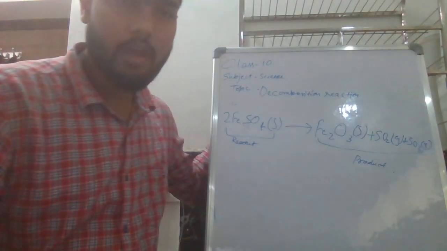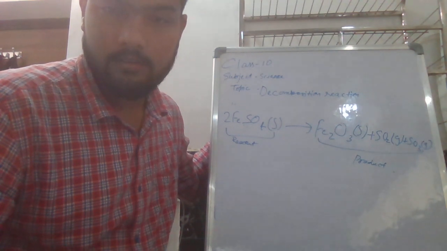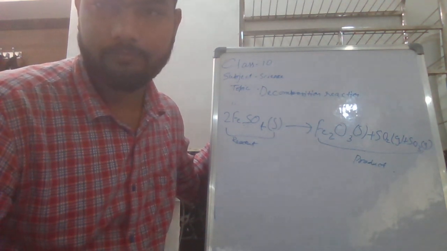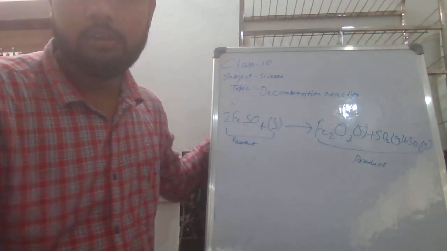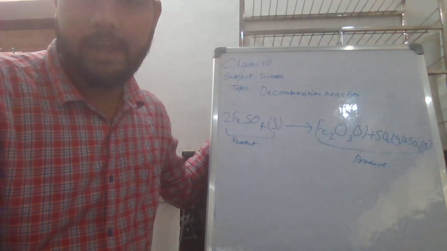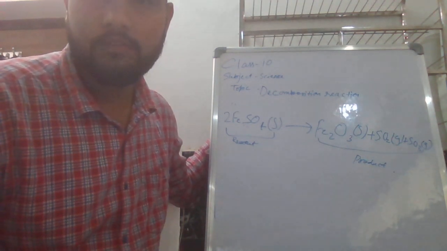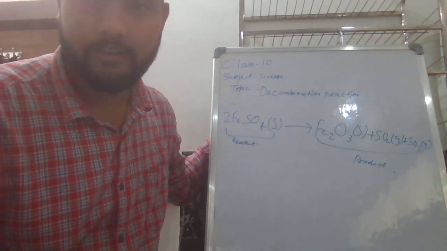I hope everyone is clear till now what a thermal decomposition reaction is. Very good. Now I have a question for you: dash is the product of the decomposition reaction of ferrous sulfate that occurs on heating.